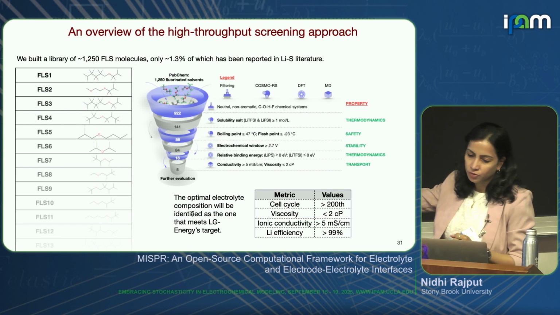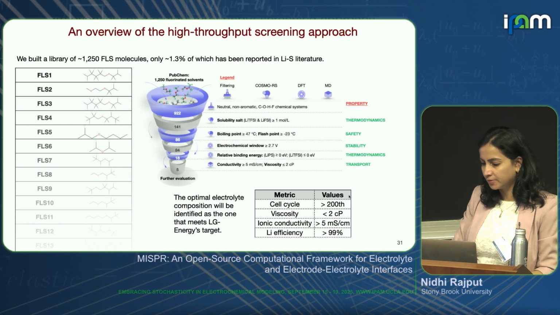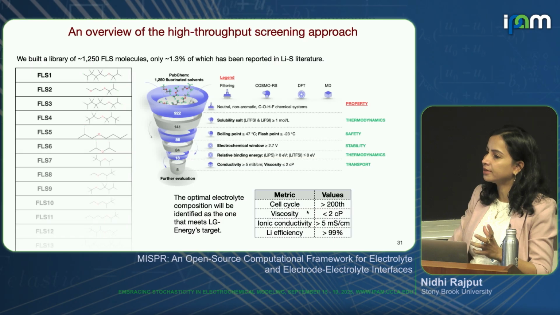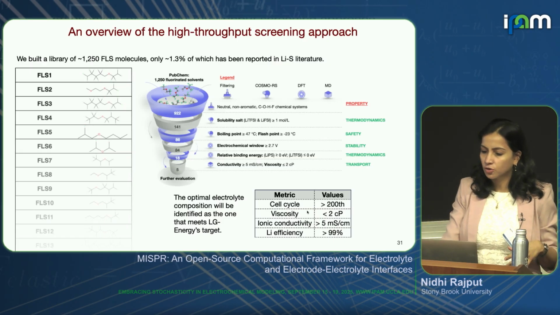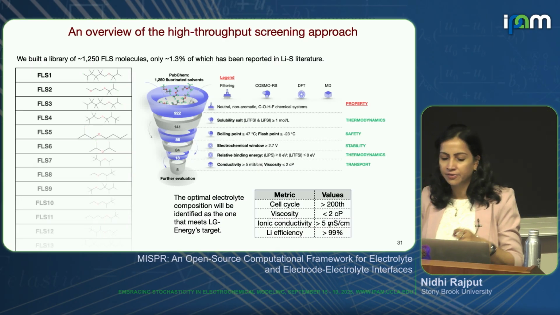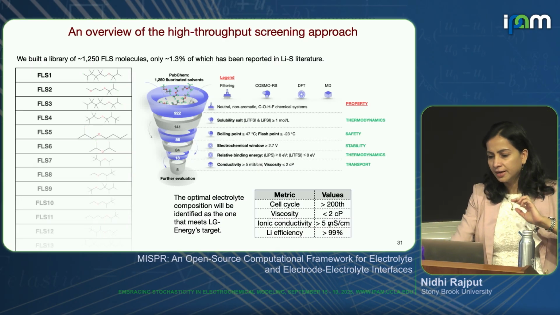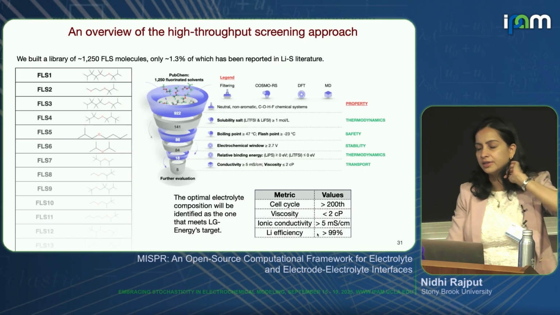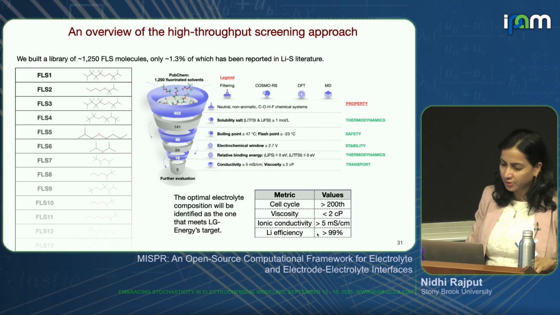This was an industry-funded project, so they came up with this matrix, and they wanted an electrolyte with viscosity of less than 2 centipoise, ionic conductivity of greater than 5 millisiemens per centimeter, and a certain cell cycle life and lithium efficiency. So we were chasing these metrics in this work.